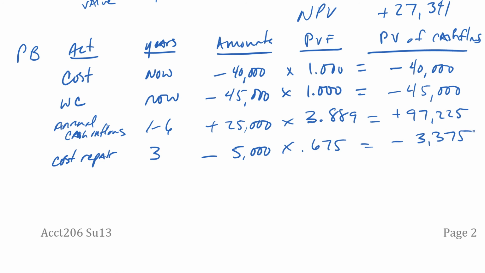And finally, when this project is done, we get a return of working capital. When does that happen? That happens in year 6. We get our 45,000 back, but it's not worth what it is today, right? Because it's 6 years from now.